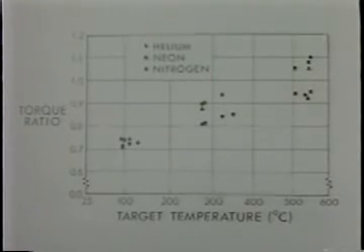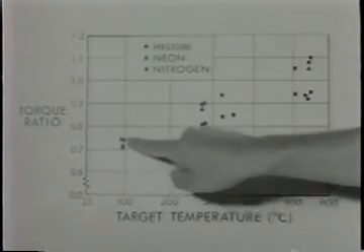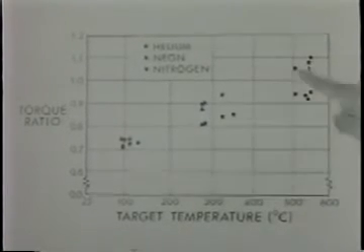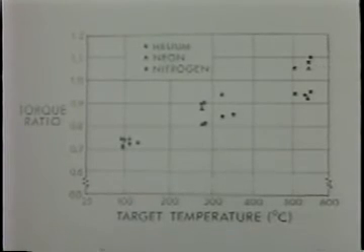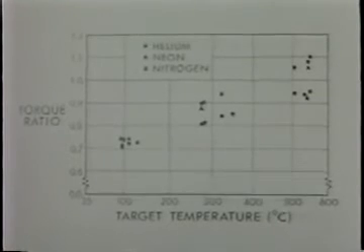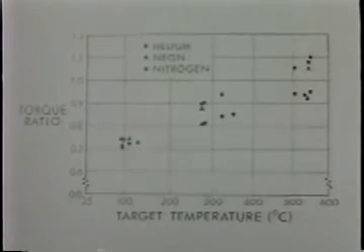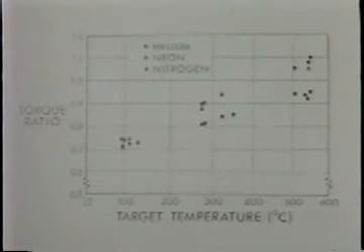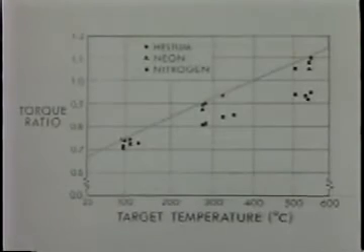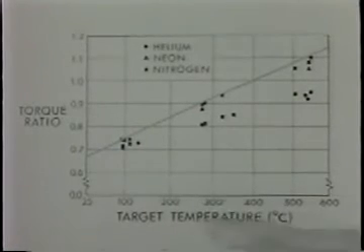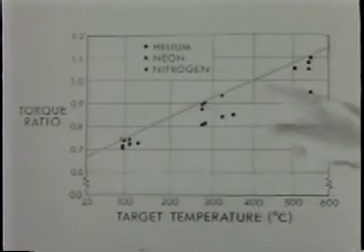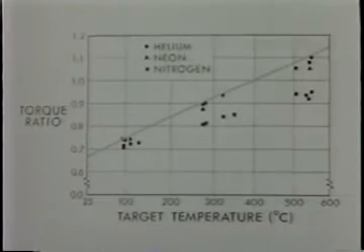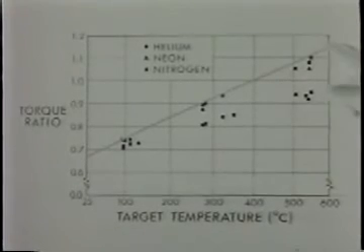Calculations show that the torques for molecules which have been re-emitted in equilibrium at the target temperature, that is, perfectly accommodated, should lie here, along this line. But neither helium nor neon lie along that curve, although nitrogen does. Thus, we don't observe complete normal momentum accommodation in some cases.